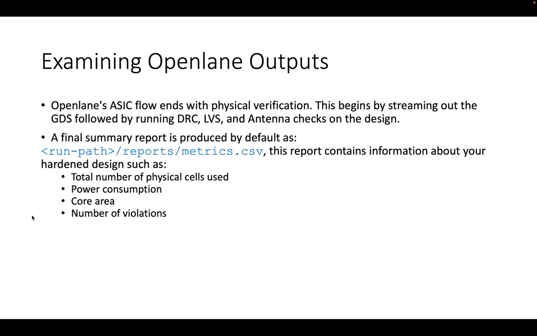The first is a final summary report, which is produced under this path, our run path, /reports/metrics.csv. We will open it and discuss it. But for now, let's mention that this report contains information about the hardened design, such as the total number of physical cells, some information about the power consumption, the core area, number of violations, and other metrics as well.